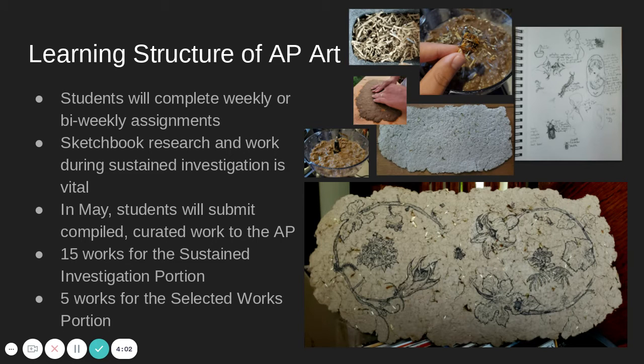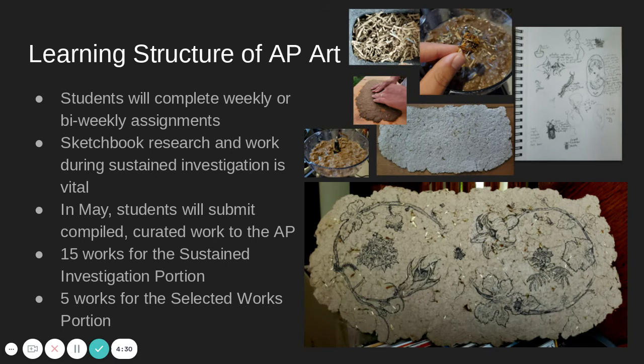That will lead to 15 works for the sustained investigation portion and 5 works for the selected works portion. We will continue to go into the details of what that means over the course of the fall, so students have a really firm grasp on what they need to have. Suffice to say, it is a bit complex, but there is a simple solution for everything.